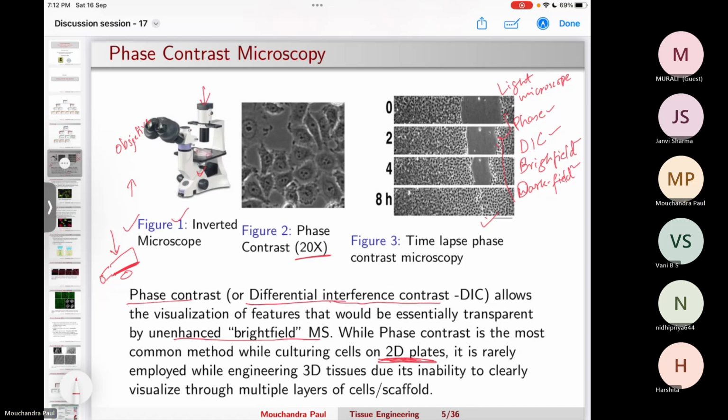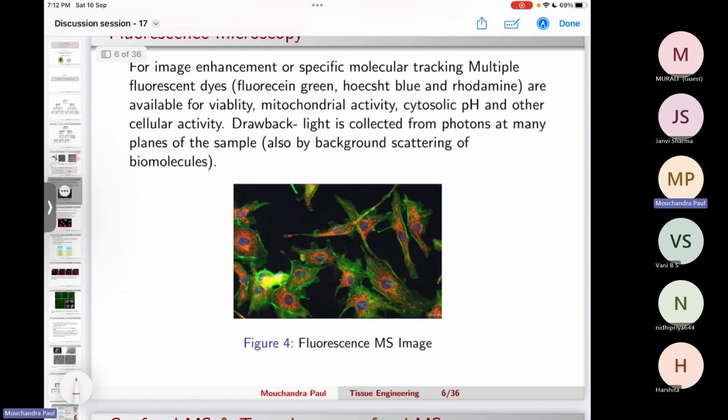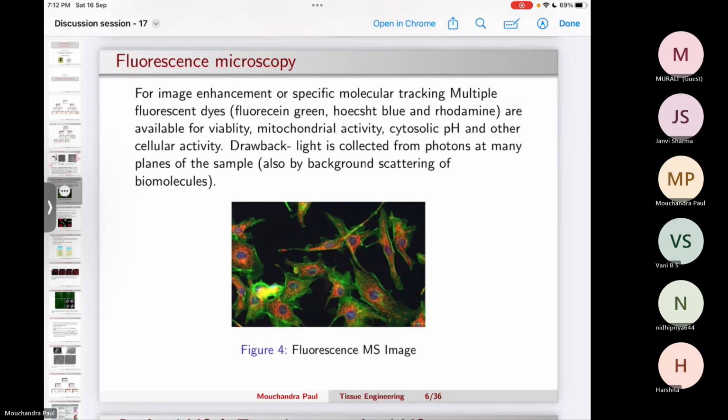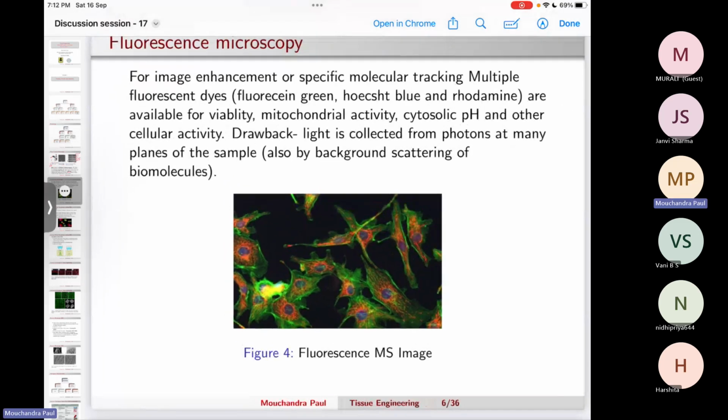So as I was saying, there is one limitation of these light microscope techniques: it helps you to see cells that are grown on a 2D substrate. Also, you cannot distinguish the structural features like the plasma membrane or the nucleus when you see bright field or phase contrast or DIC.